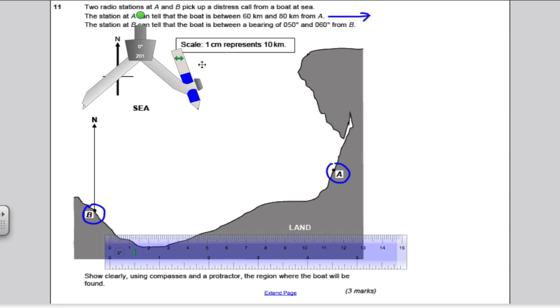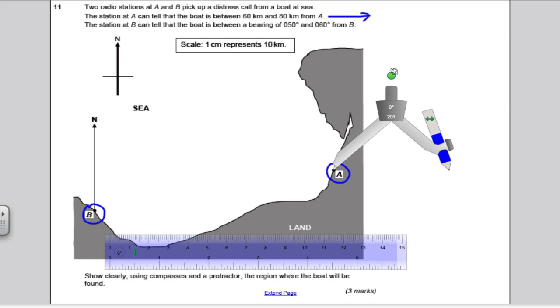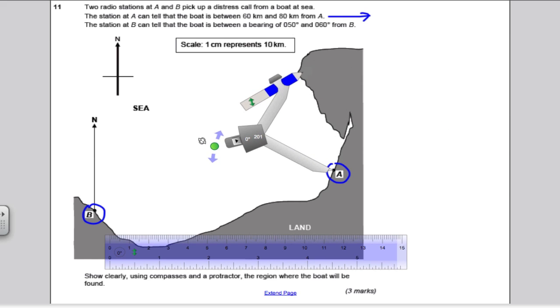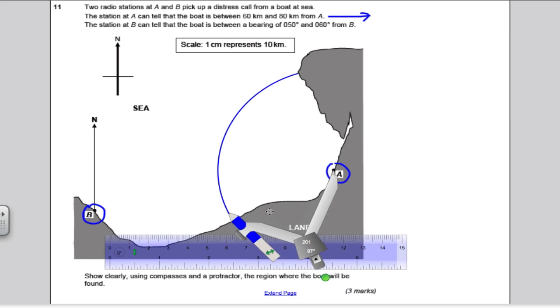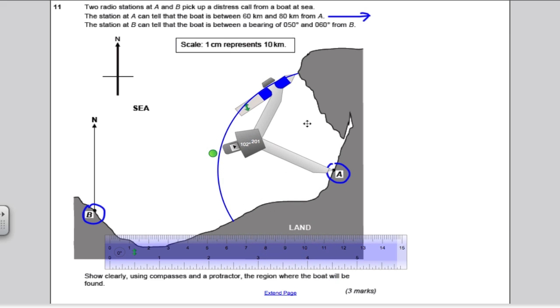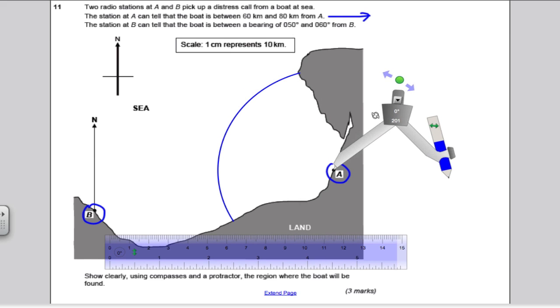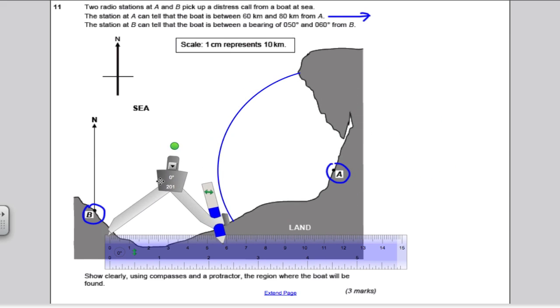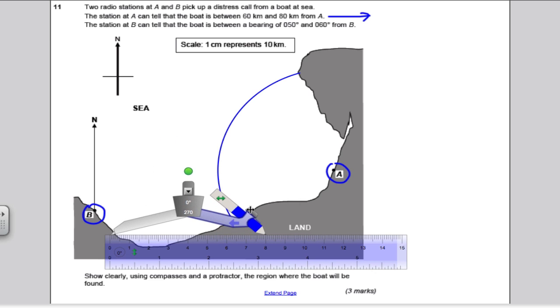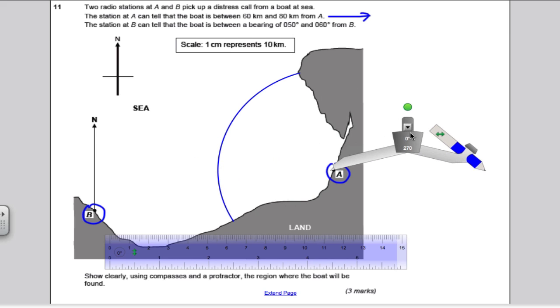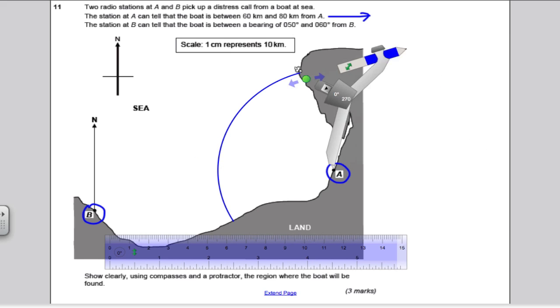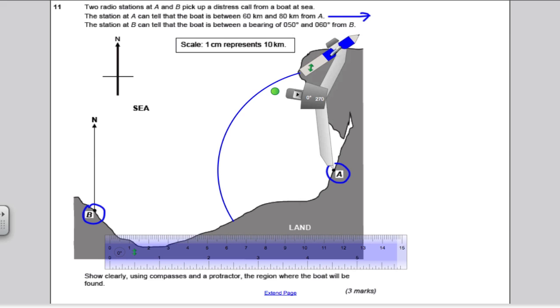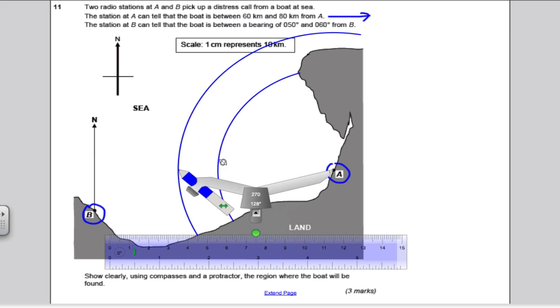So I'm going to put my sharp edge on the point A, and I'm going to draw a boundary line to say that the distress call is slightly more than 60 kilometers. So I'm going to bring my compass back here, and now I'm going to do the exact same, but I'm going to take it a little further to 80. So put the sharp point at A, twist it around, and 80 would look something like that.